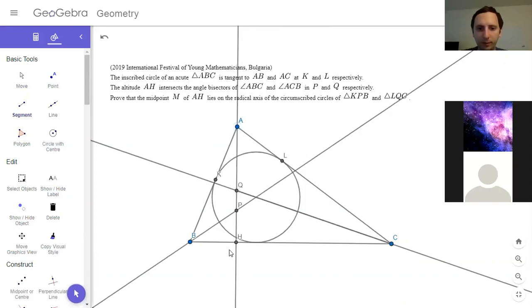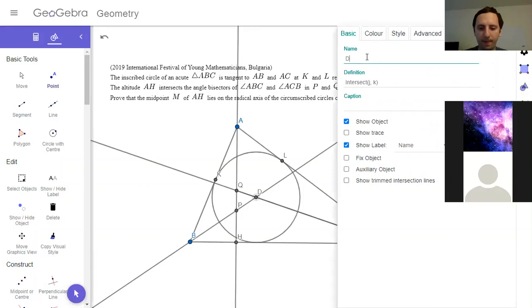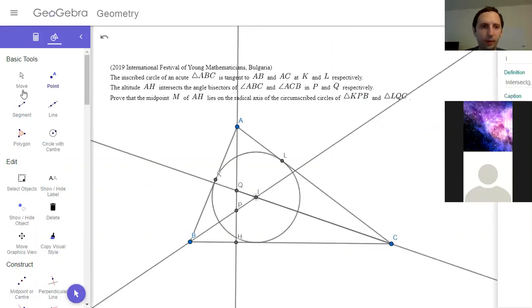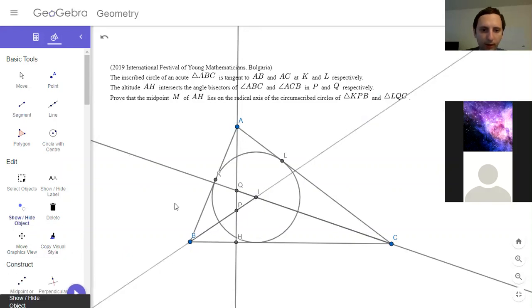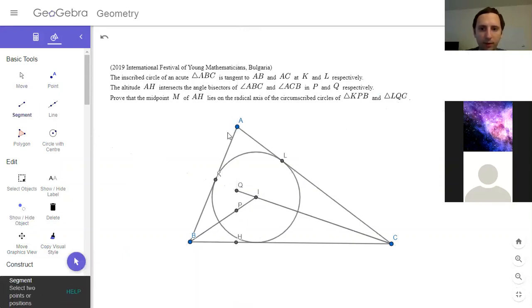All right, so I'm going to delete some stuff here. Obviously, here's the incenter, so I'll call it I. It lies on the 2 angle bisectors. So I'll hide that.